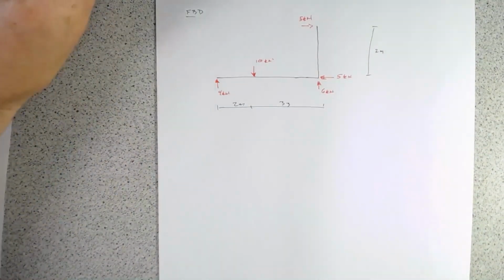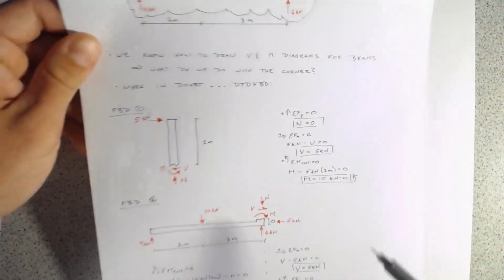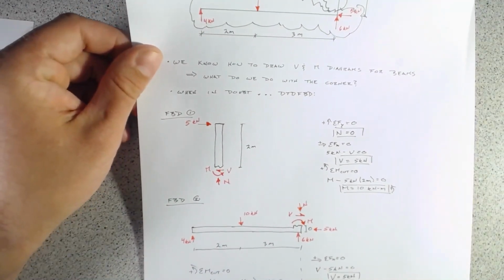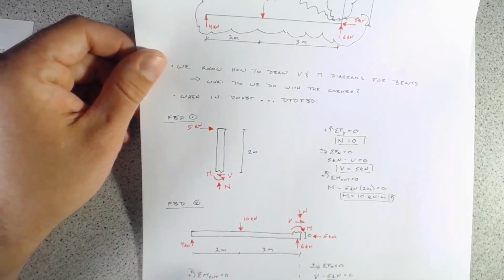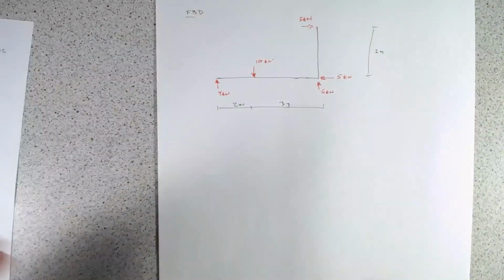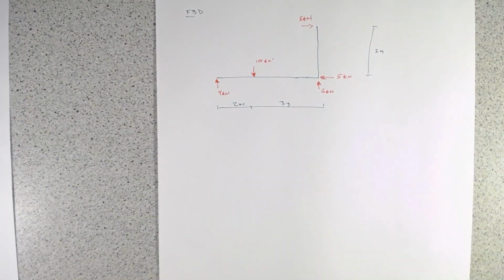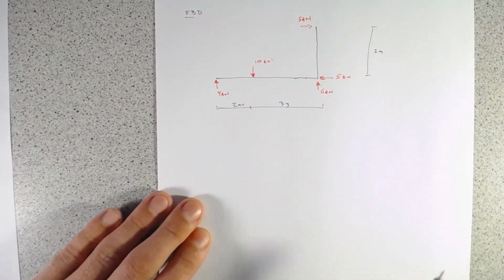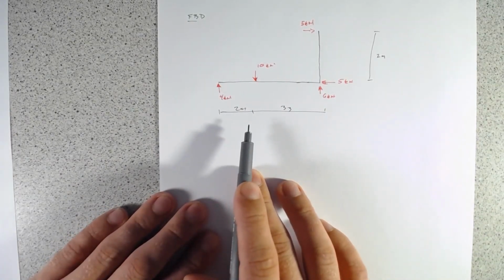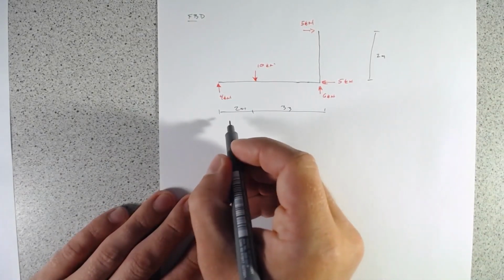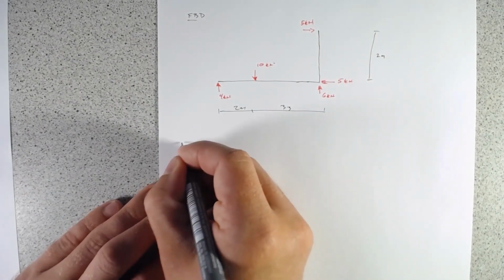So our shear force diagram. Now keep in mind, we were originally asked to draw the axial load diagram, but we found that there is no axial load in any of these members, and so we don't need to draw that diagram. And we know that because we solved that with equilibrium. So continuing on here, we have our shear force diagram.